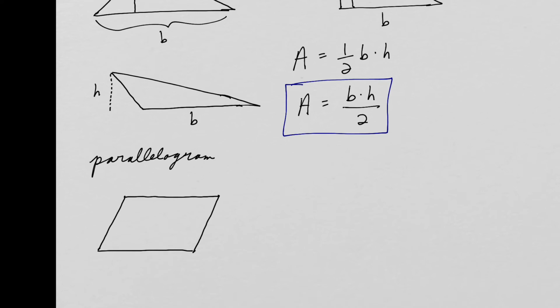So in this case, this side is parallel to that side, and this side is parallel to this side, so if you extend them in both directions, they would never cross. For a parallelogram, this is the base, and the height is the perpendicular distance between the two bases. This would be the height H. So the area for a parallelogram is simply the base times the height.